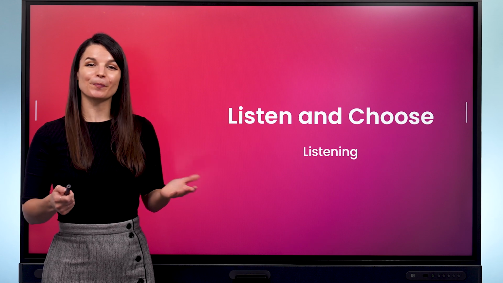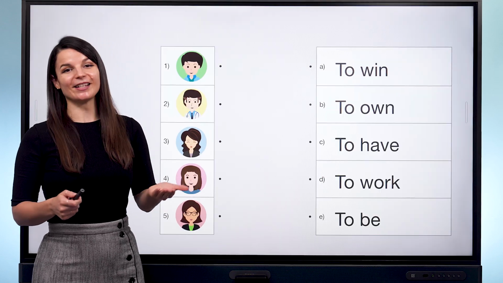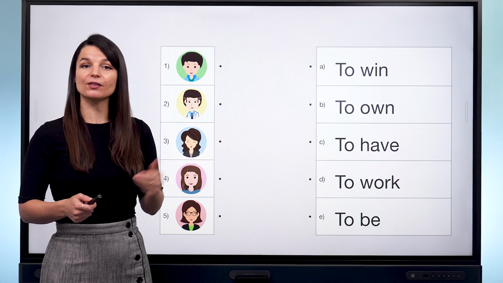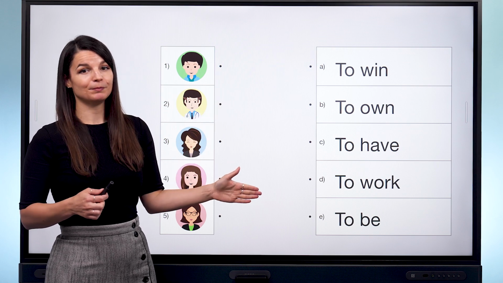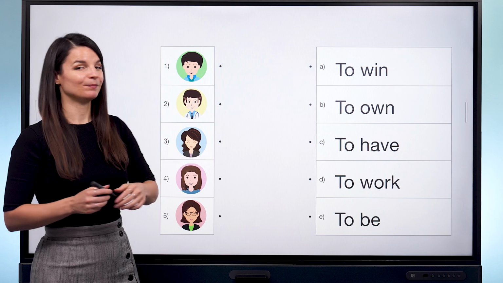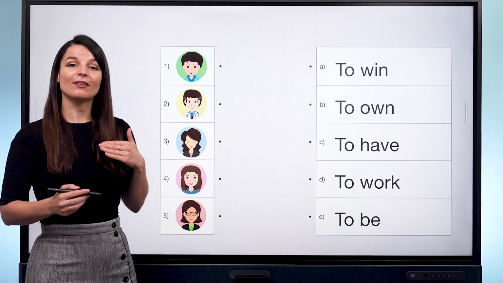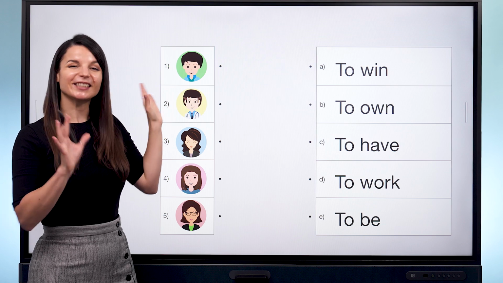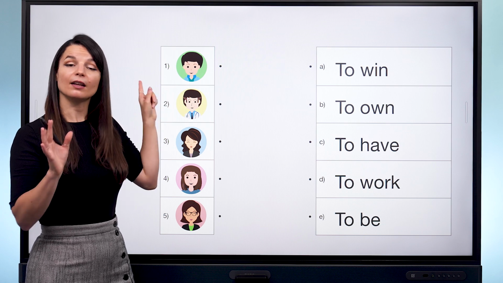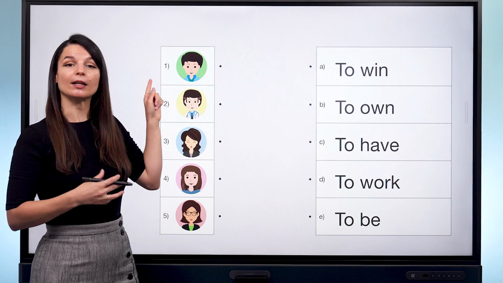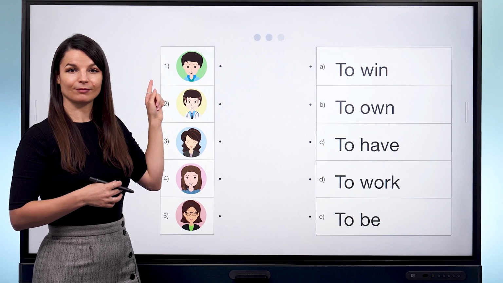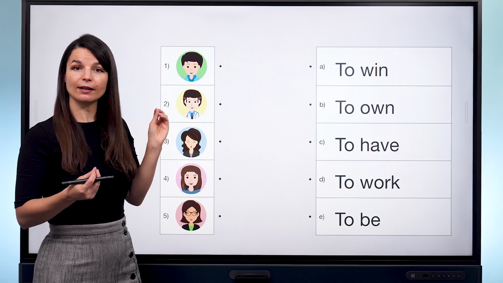Let's do some matching. Listen to what I say. Can you match the verb used in the past simple phrase to its infinitive form? If I had a restaurant, it would be a pizza place. Listen one more time. If I had a restaurant, it would be a pizza place. Did you hear had?